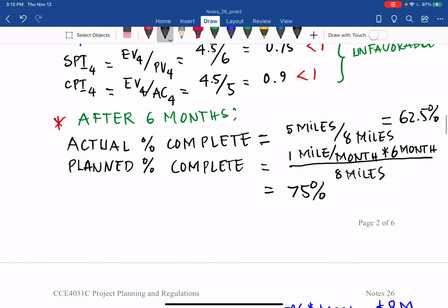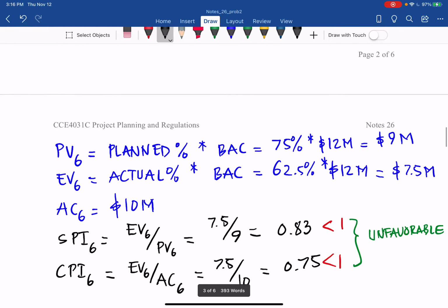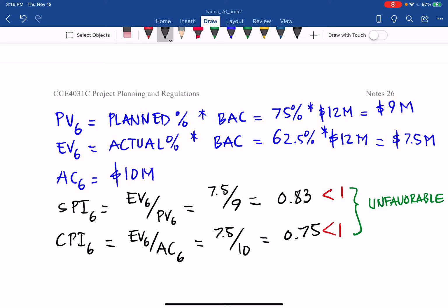Again, go back to problem 1 to see how I did that in detail. We find PV6, EV6, and AC6 equal to 9 million, 7.5 million, and 10 million respectively. From that, SPI after 6 months is 0.83 and CPI is 0.75, and both are less than 1. It means behind schedule and over budget.